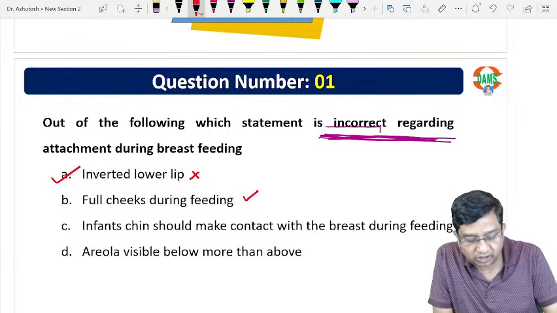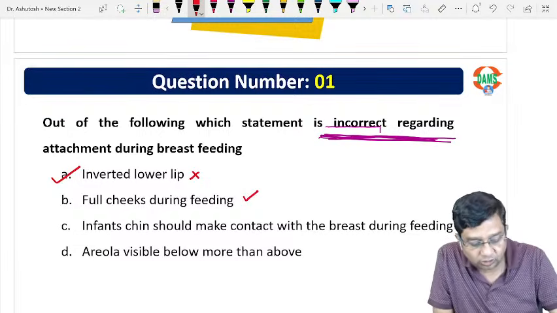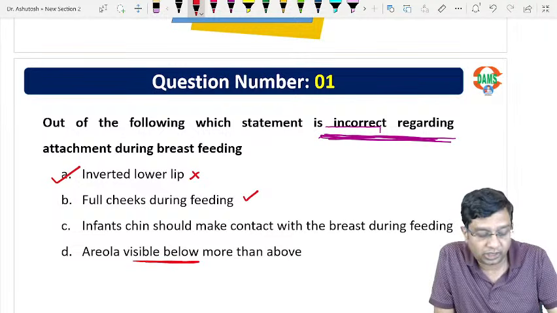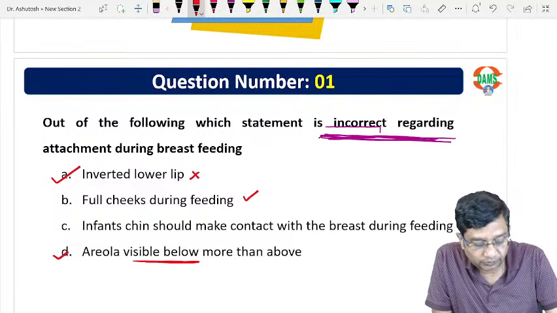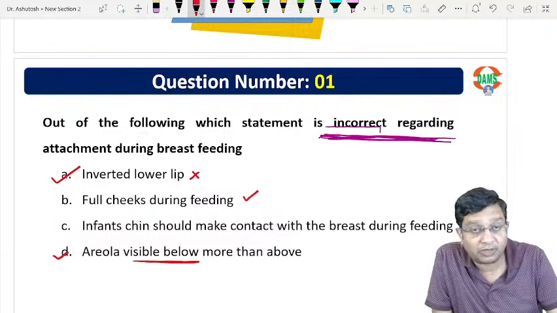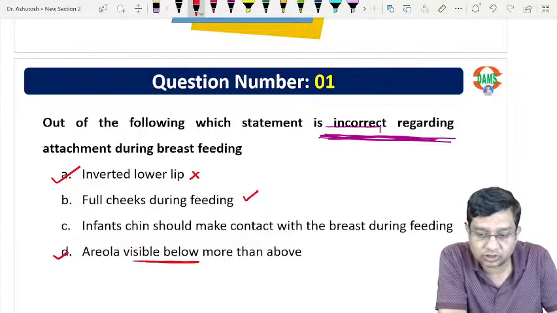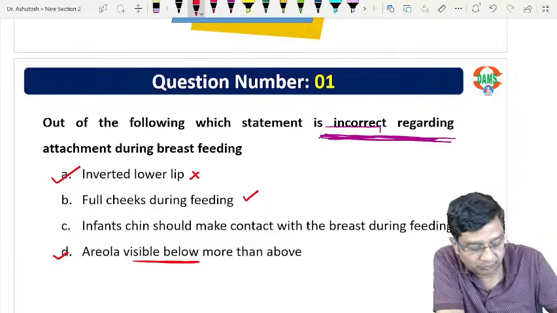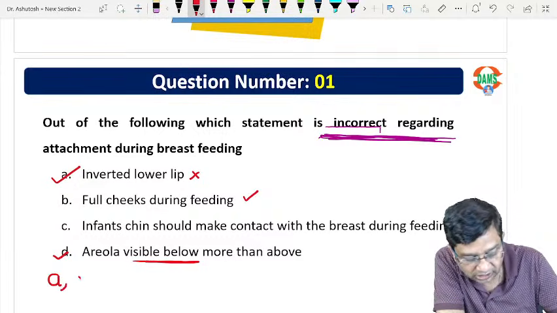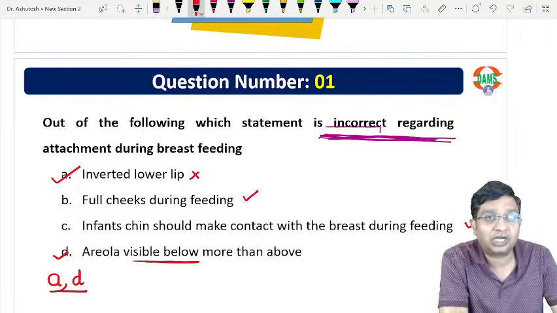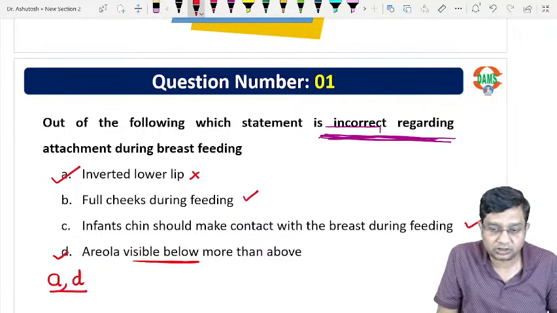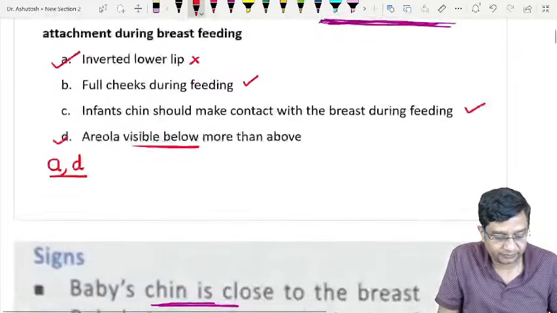Infant chin should make contact, yes. Areola visible below more, no, it should be above. So this is again an incorrect statement. It was a multiple answer type question, so choices A and D are both incorrect here.